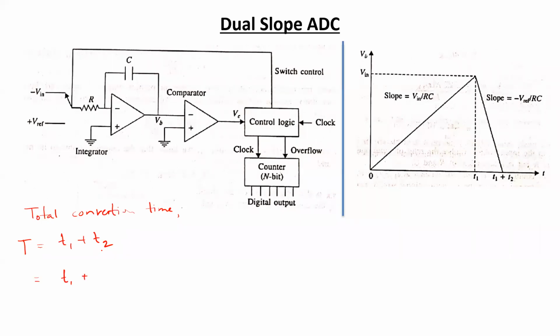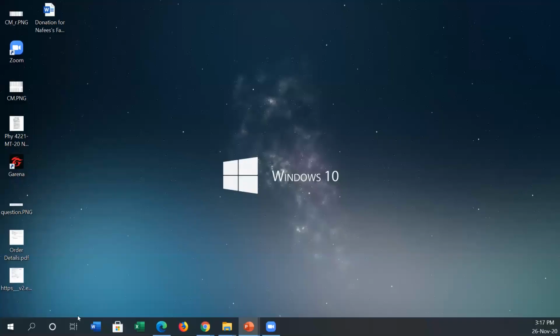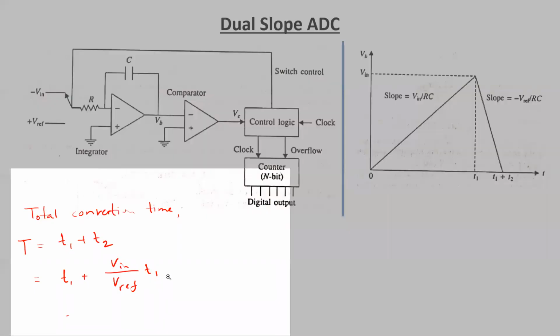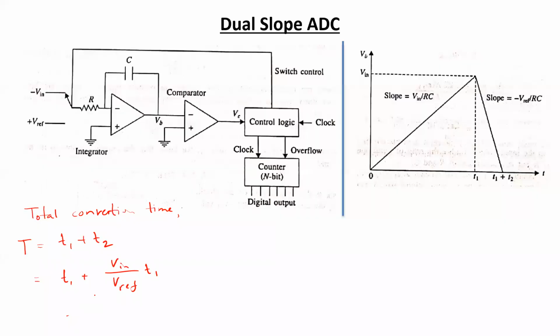And T2 can be represented in terms of T1 as Vin by Vreference into T1, and eventually it can be written as T1 into 1 plus Vin by Vreference.